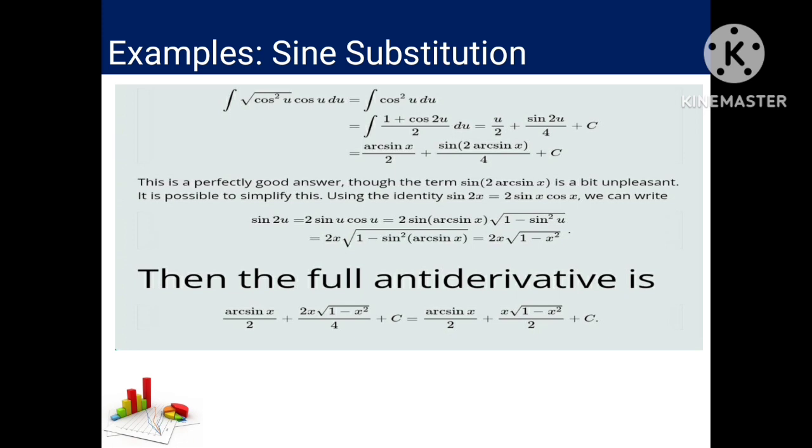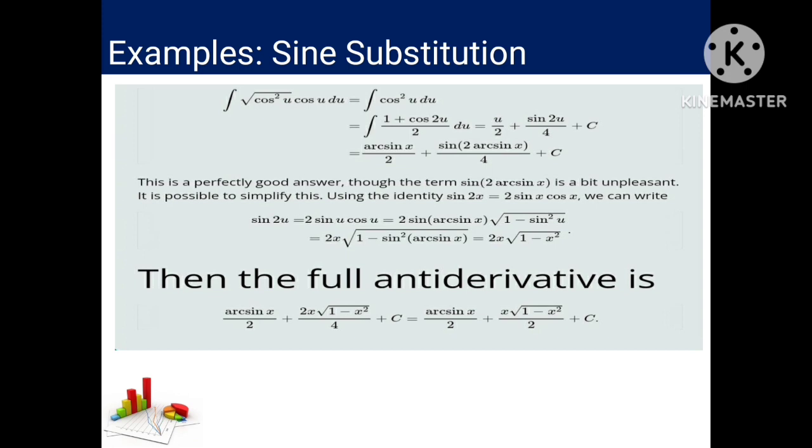Then, substitution again. So, the integral of 1 plus cosine 2u over 2 du is equal to u over 2 plus sine 2u over 4 plus c. So, arc sine x over 2 plus sine of the quantity 2 arc sine x over 4 plus c.